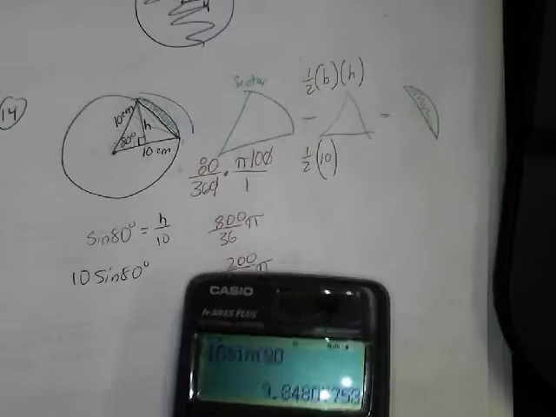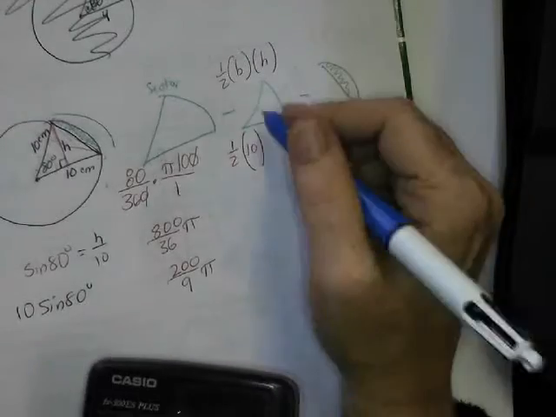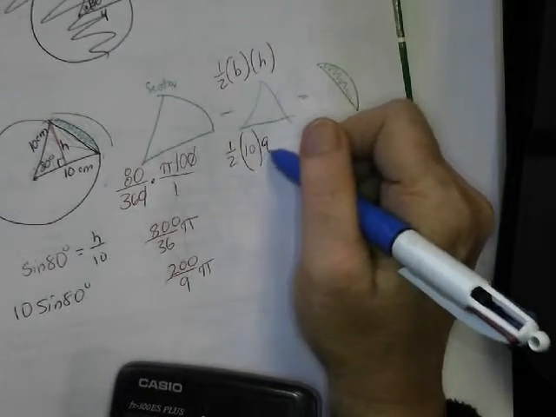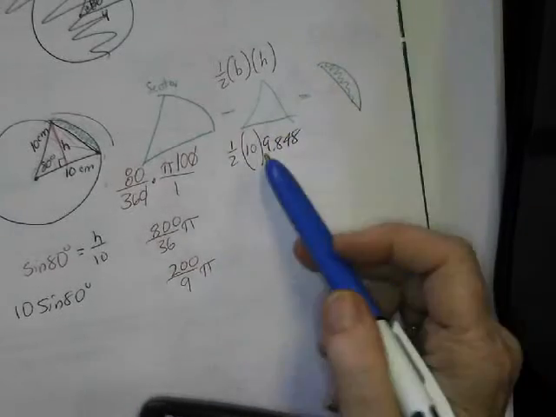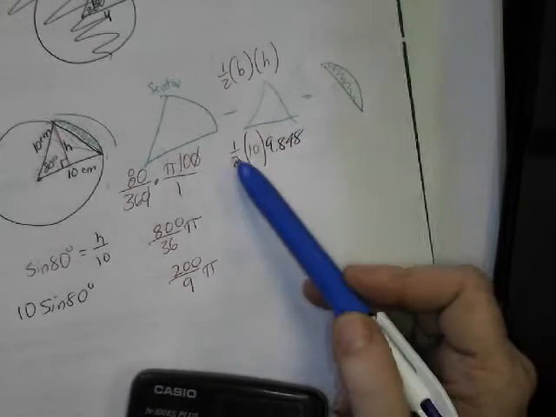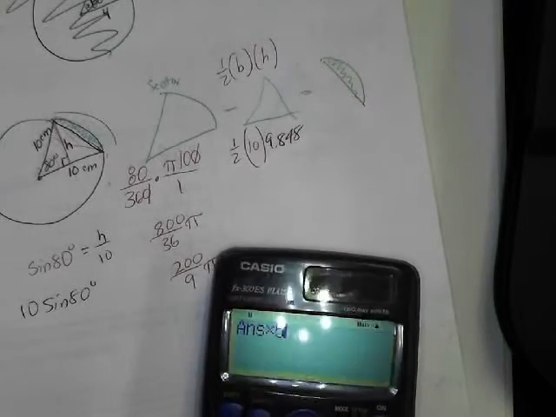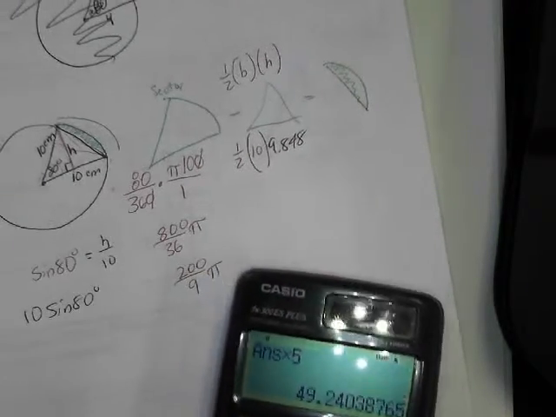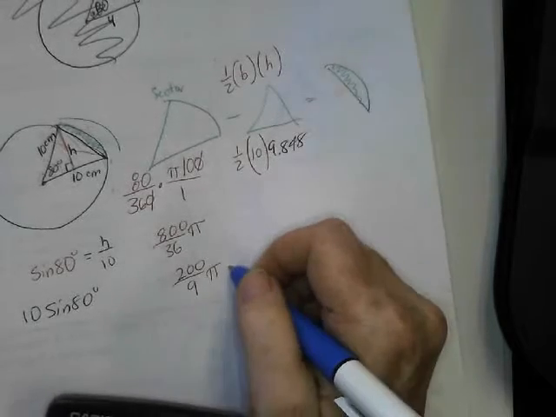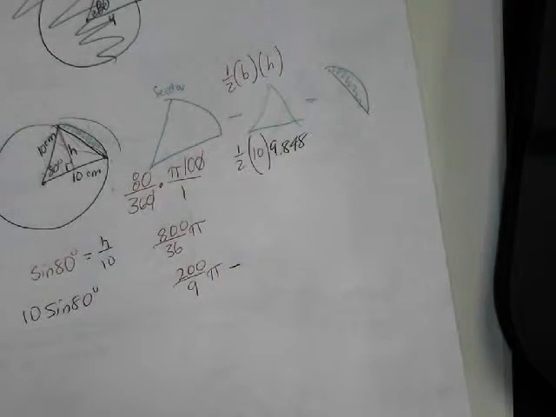9.848, blah, blah, blah. But I'm going to go ahead and just multiply that. Half of 10 is 5. I'm just going to multiply that by 5. That gives me that number. So I got 200 over 9 times pi minus 49.240, blah, blah, blah. That's going to equal my segment.